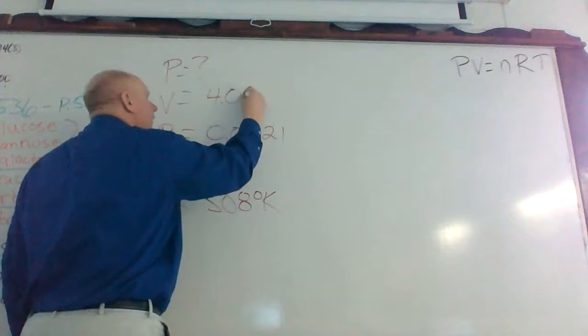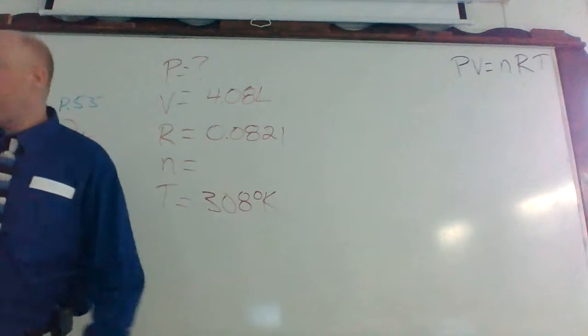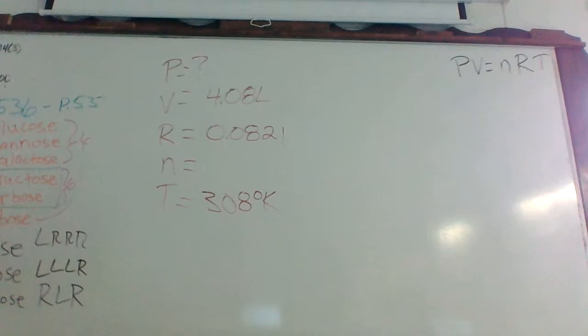Okay, but like I said, we'd circle around to this. What if it said in that problem you had 4.08 grams of hydrogen as well? They don't give you the N variable, but could you find it? Yeah.